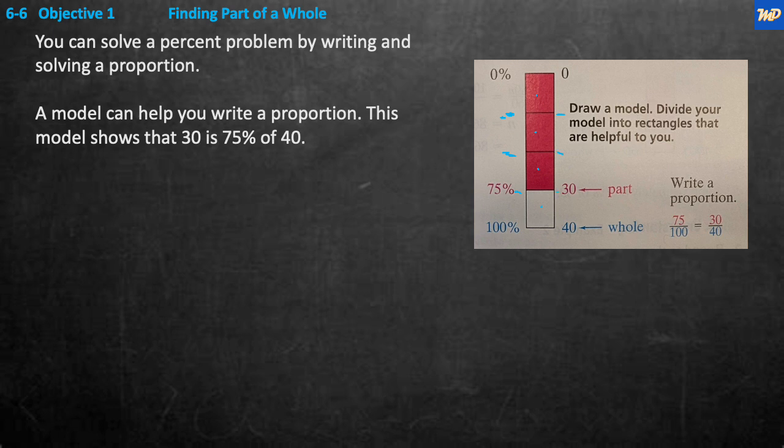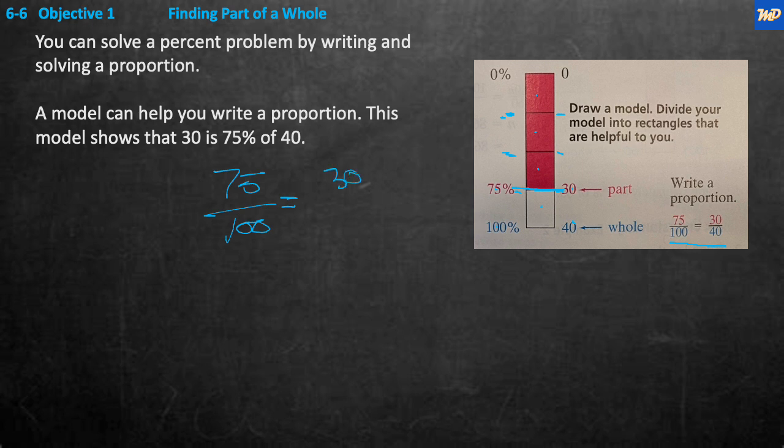The proportions they're talking about are written down here in these fractions, and the line going across through the center makes these two equal: 75% of 100, or 75 over 100, is the same as, looking at the right-hand side, 30 over 40.